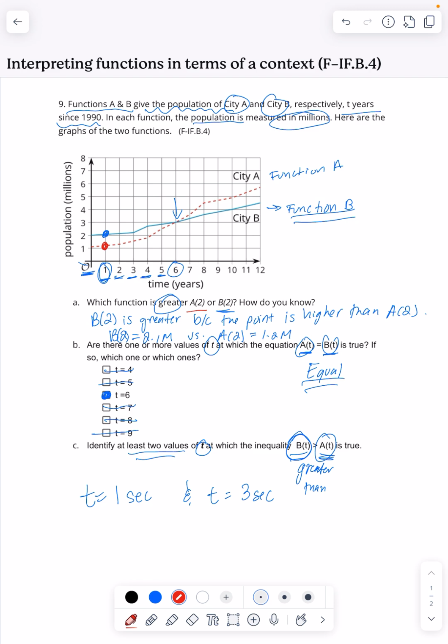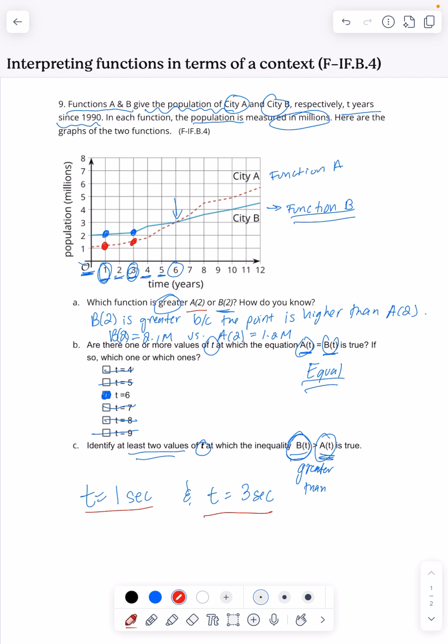That one's lower, so that makes sense. And at t equal to 3, you can see that the value for city B is higher than where the population would be for city A, which would be down here. So we could say that two values of t where B sub t is greater than A sub t would be at t equal to 1 second and t equal to 3 seconds.